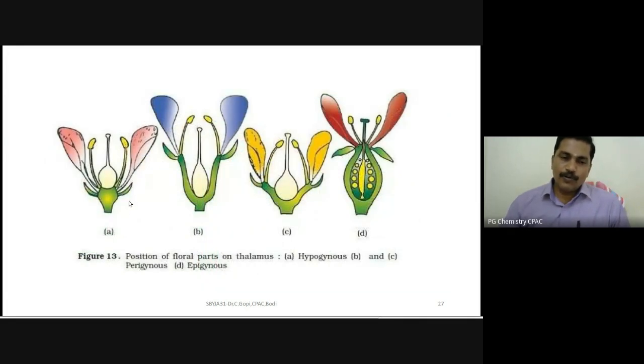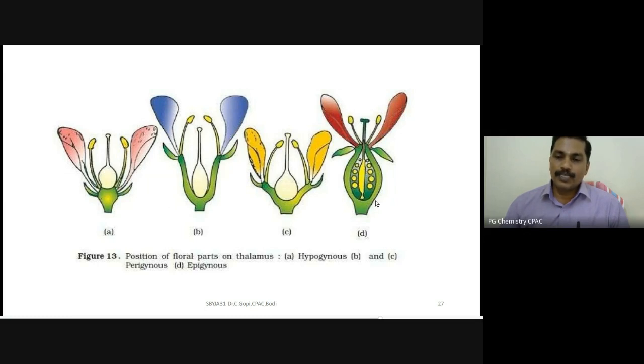The floral parts like calyx, corolla, and stamens arranged below the ovary make a hypogynous flower. If they are above the ovary, it is called an epigynous flower. Okay, hypogynous, epigynous. See A and D, you compare. If the ovary appears above, that is a hypogynous flower.